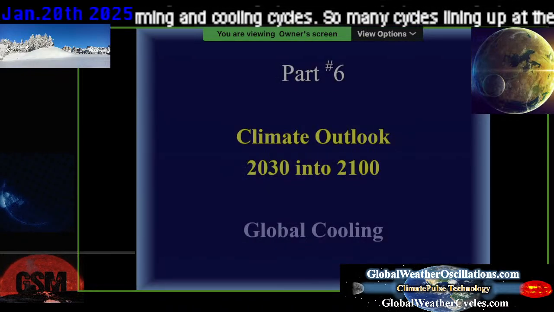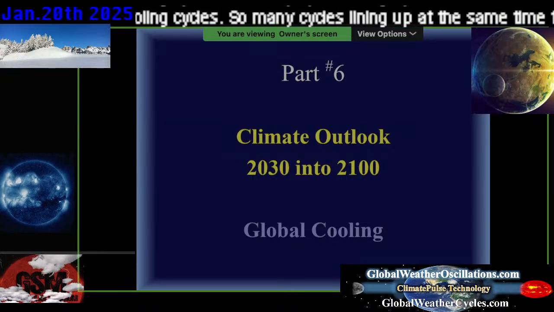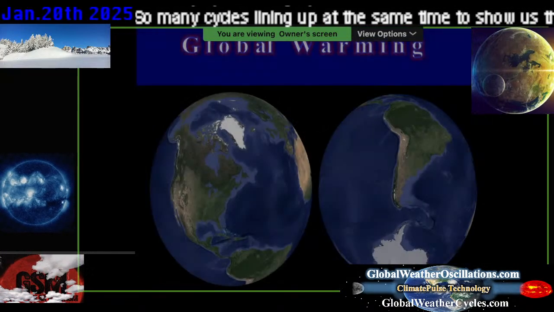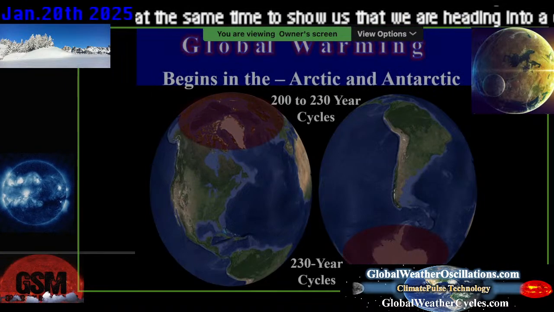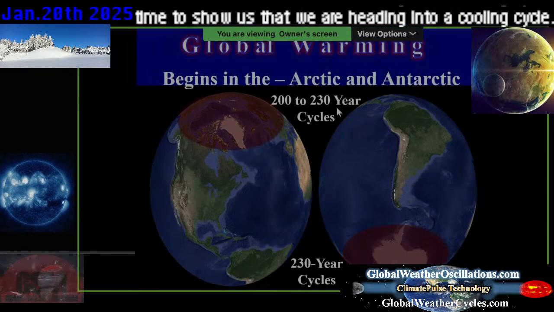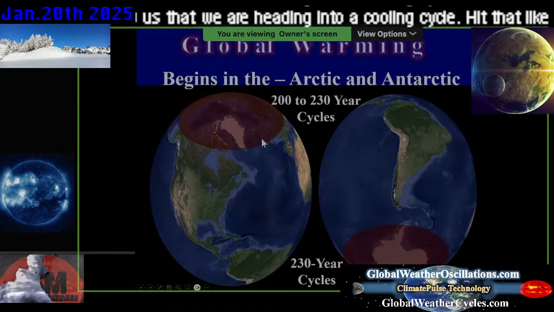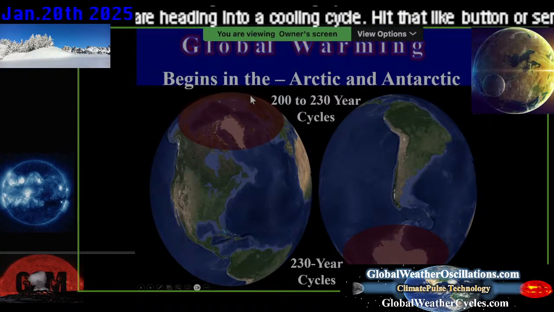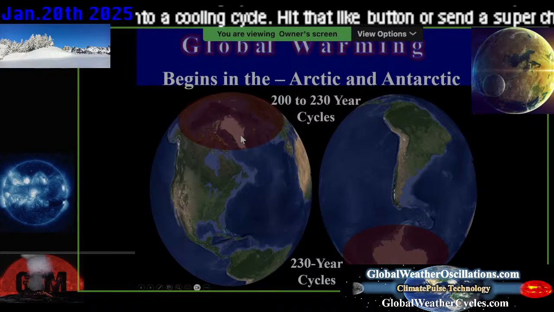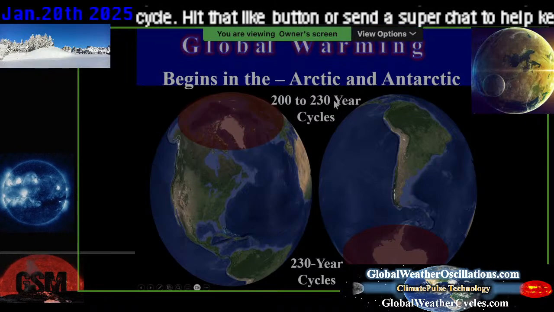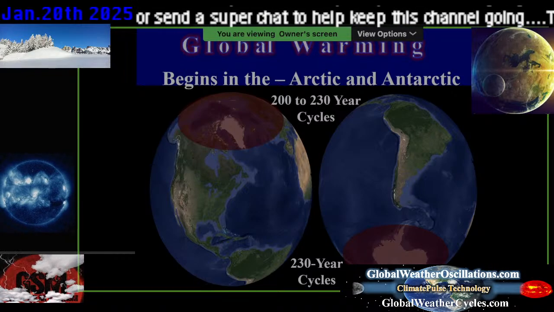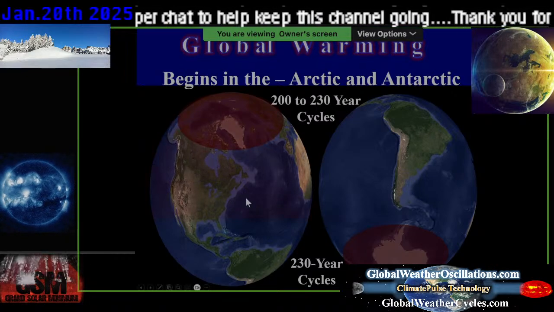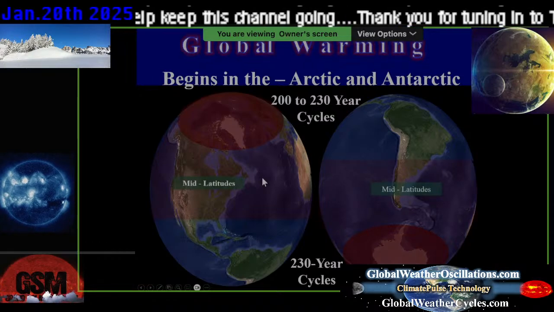Okay, and we're heading right into the climate outlook, 2030 into 2031. Well, for global warming, and it comes every 200 to 230 years, global warming kind of begins in the Arctic as the Arctic warms up. When the Arctic warms up, you have less real cold air to filter down into the mid-latitudes. So the mid-latitudes warm up, and there you are, you have global warming.